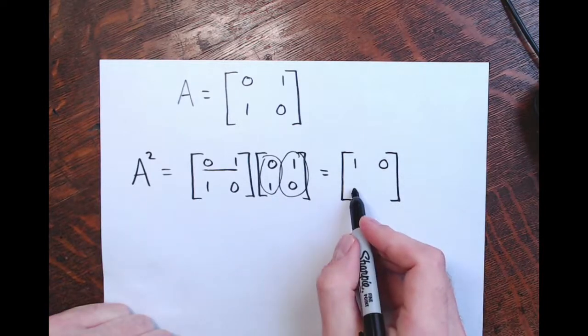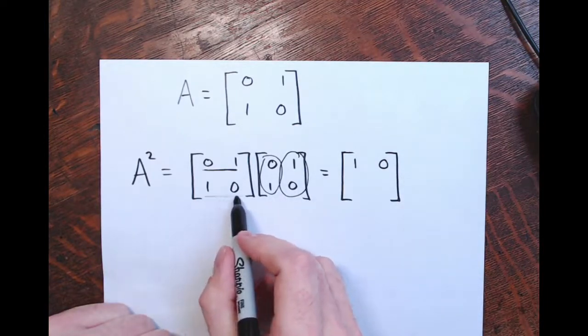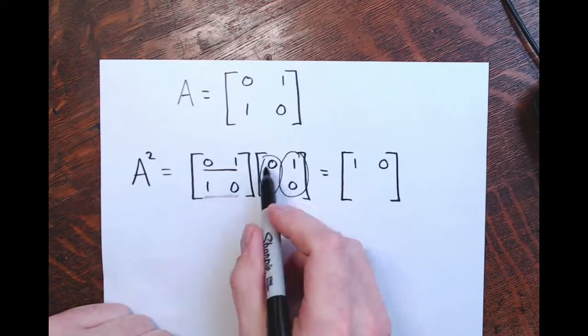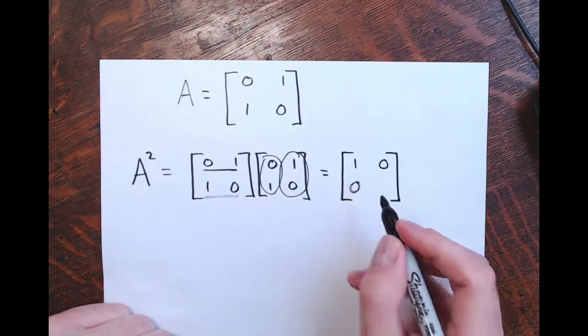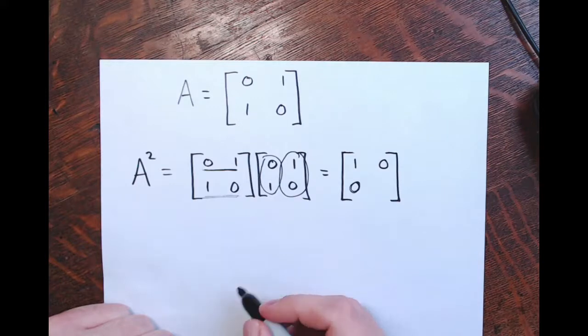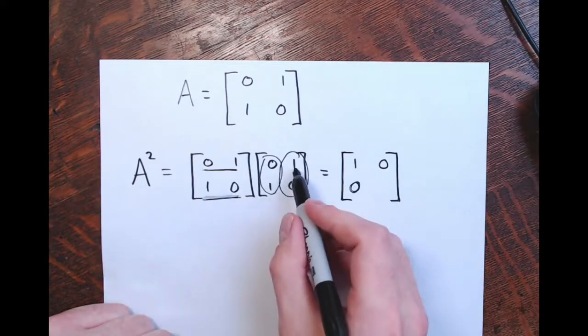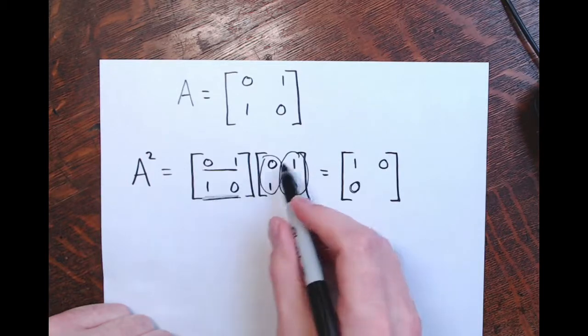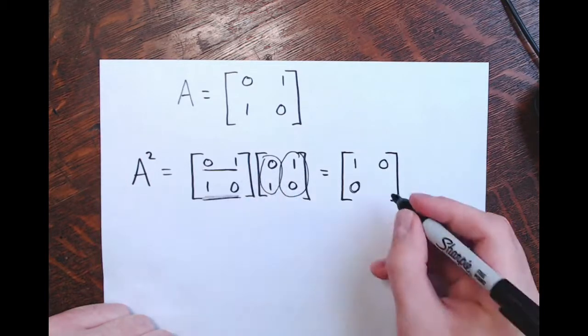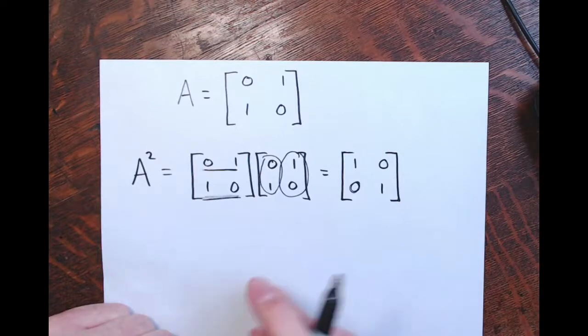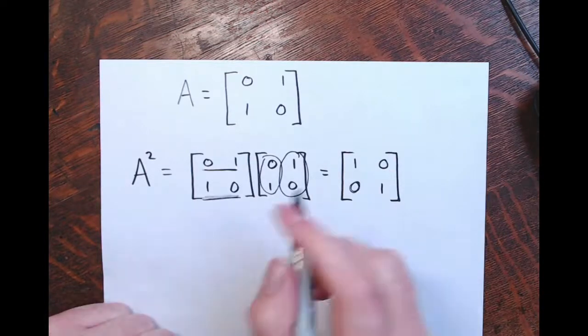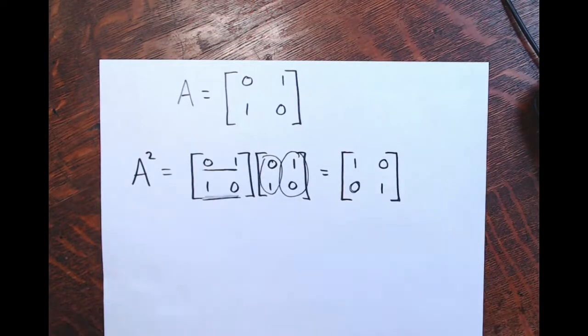Then second row, first column: 1 times 0 plus 0 times 1, that's 0. And then second row, second column: 1 times 1 plus 0 times 0. There's a 1 times 1 there, so you got 1. So there's A squared, with rows 1, 0 and 0, 1.